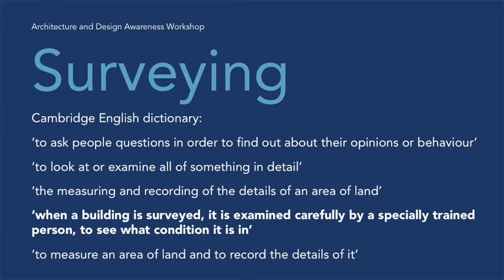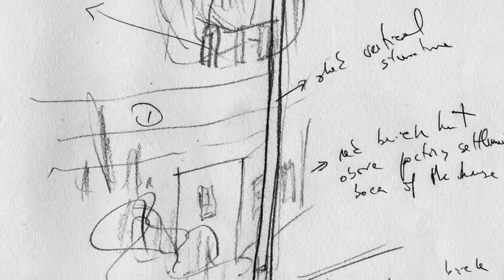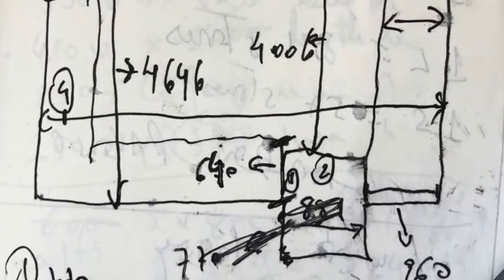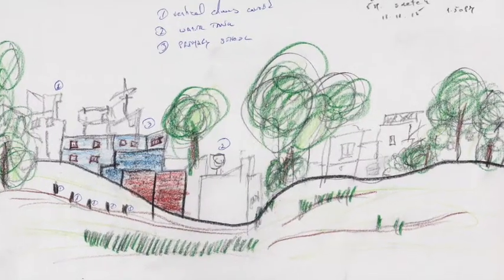In this case, what is interesting for us is when it says when a building is surveyed, it is examined carefully by a specially trained person to see what condition it is in. So, you're going to become the surveyor, this kind of specially trained person, and you're going to document this surveying through drawing. As you can see in the image, you can start by measuring the space and do a very accurate drawing.